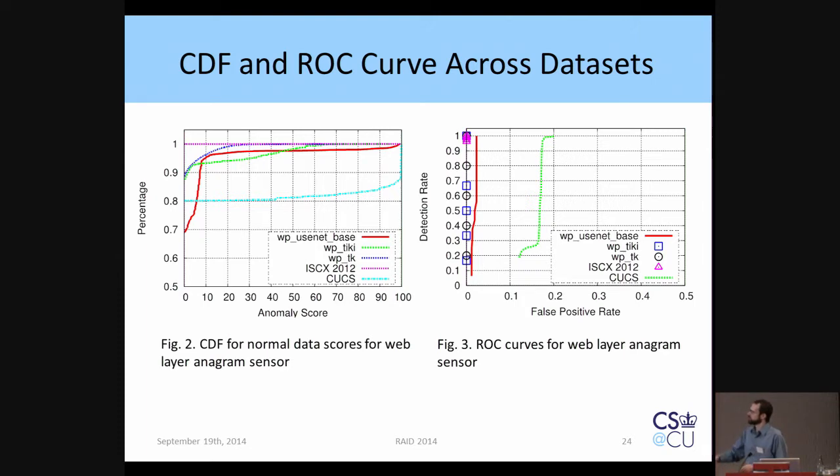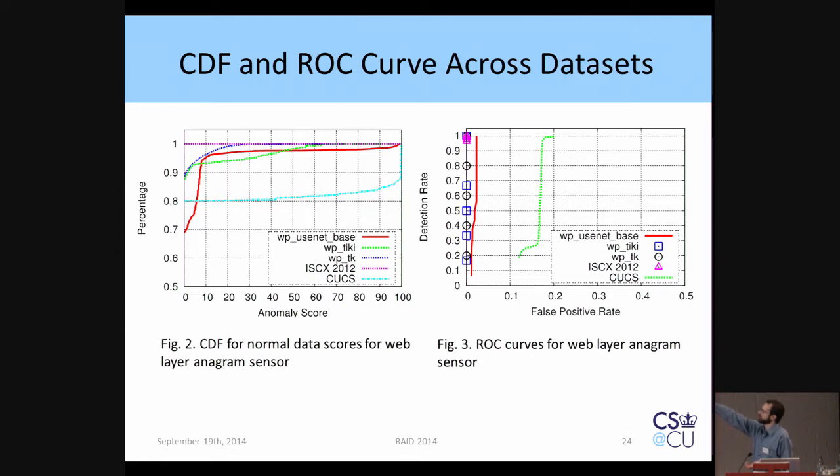For instance, we can plot another cumulative distribution function. We can take one sensor and plot it against different data sets to see how it performed against different ones. In this case, we looked at the web layer anagram anomaly detector. You can see the normal scores have fairly different distributions based on the data set, so it's heavily influenced by what normal looks like.